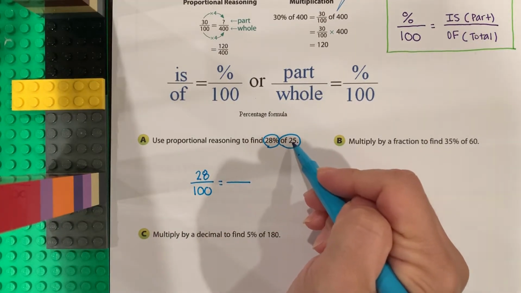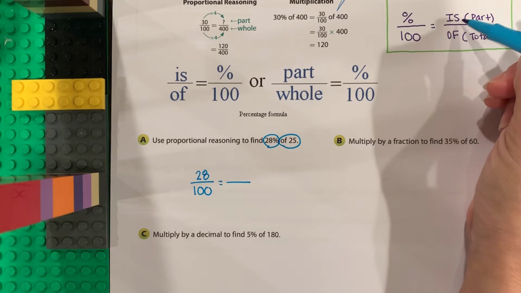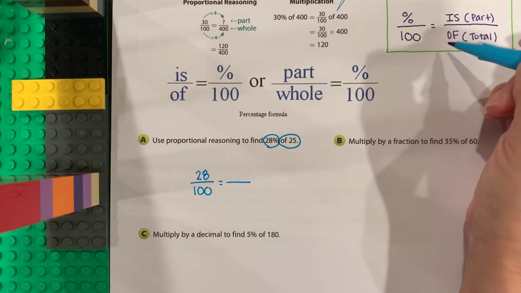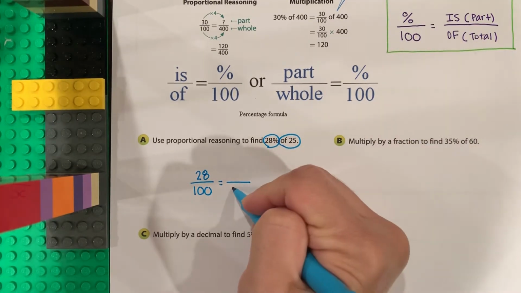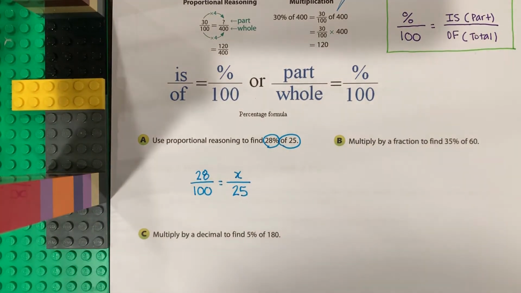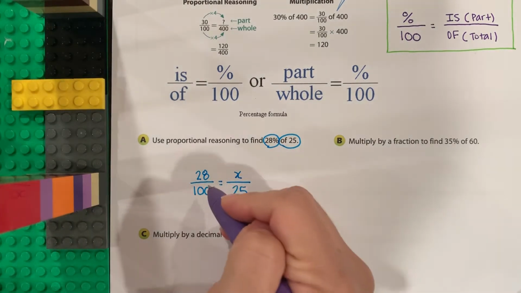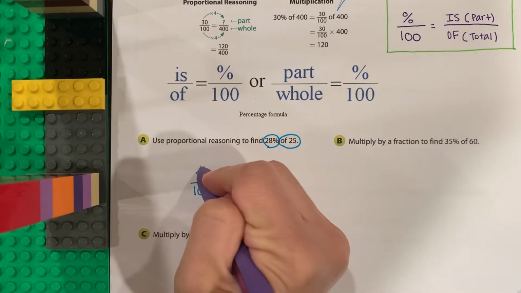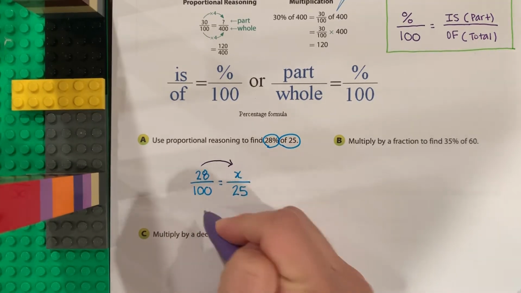Now, of 25. Since it says is over of, I know that of needs to go on the denominator, which means I am looking for my part number, or the is. To solve this, remember you always want to solve going towards the variable.